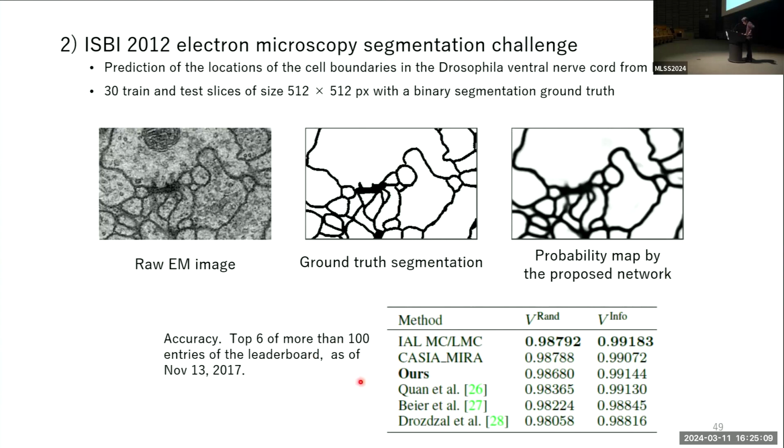You can see in the leaderboard that the proposed method using the group steerable convolutional neural network is in third position. So it's very competitive in comparison with the state of the art in this field, and the group action works very well.